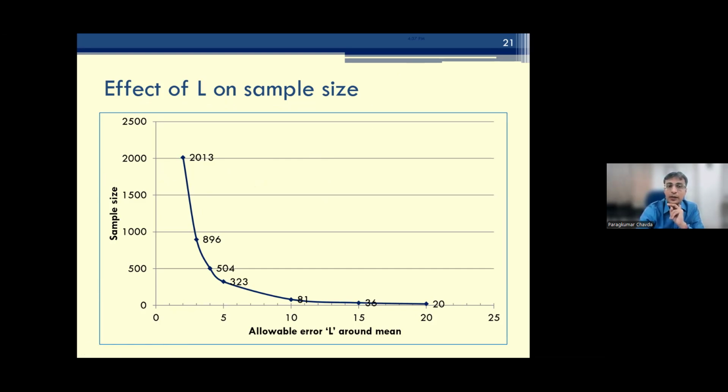If you relax it to, let's say, 3.5, it goes to 504, or roughly around 4. If you keep it at 5, your sample size comes down to 323. If you relax it to 10% on either side, it comes down to almost 81 patients. So it's not linear. In the earlier parts, it comes down heavily, and beyond 10 there is not much of a difference.